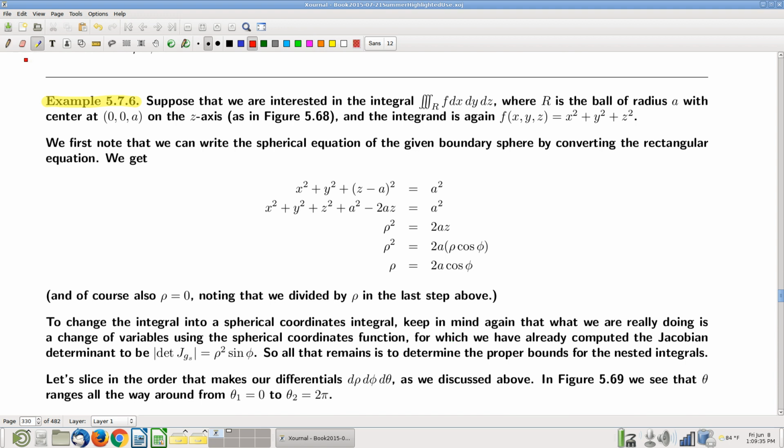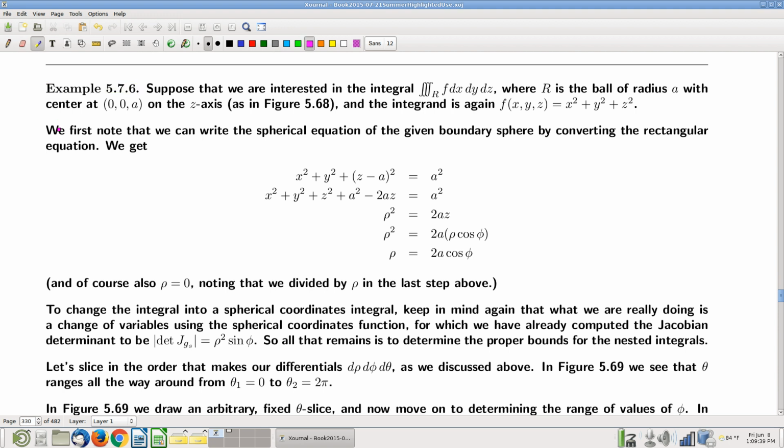Okay, so for example, there's a bunch of examples on the exercise, obviously. You get a lot of practice with these, but we're interested in some triple integral. So again, maybe we're computing the mass of something, or a population, or a concentration of some gas, whatever it might be.